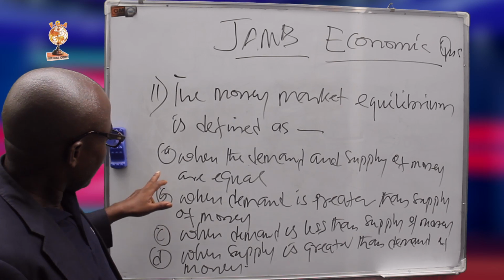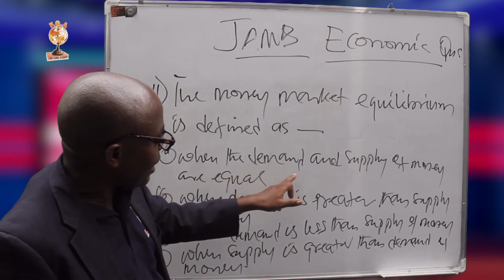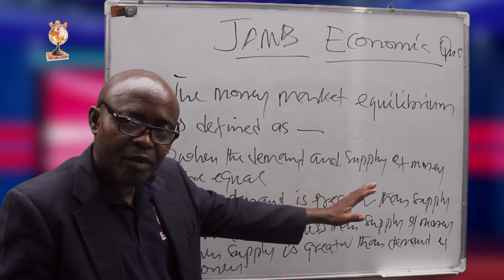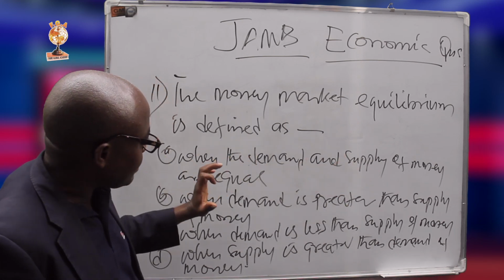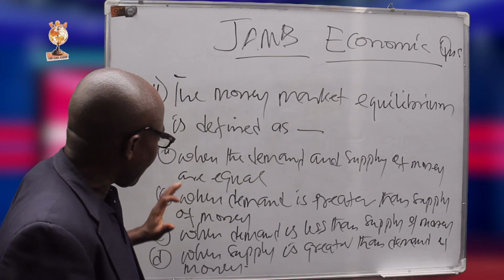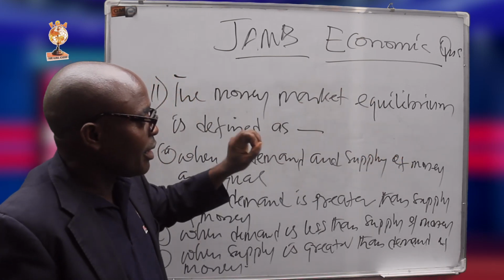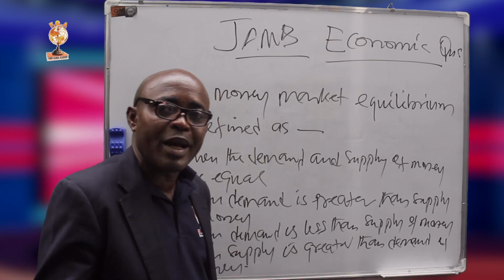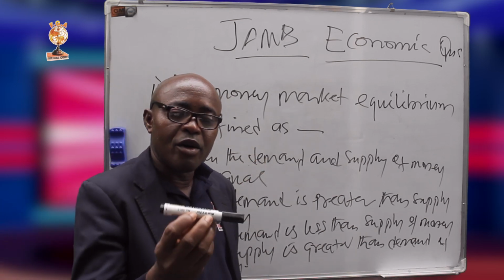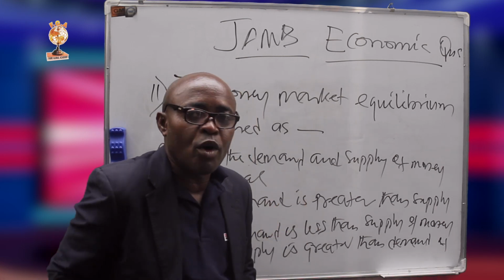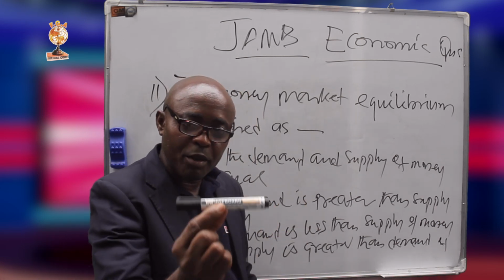Now here, option A, we said when the demand and supply of money are equal. We talk about equilibrium. Equilibrium means it has come to a certain point, where this marker X is what we refer to as equilibrium.